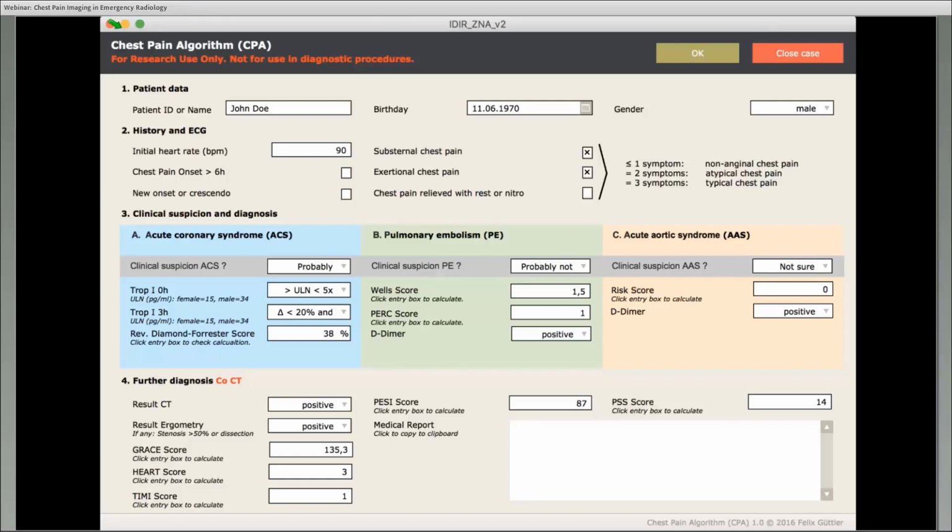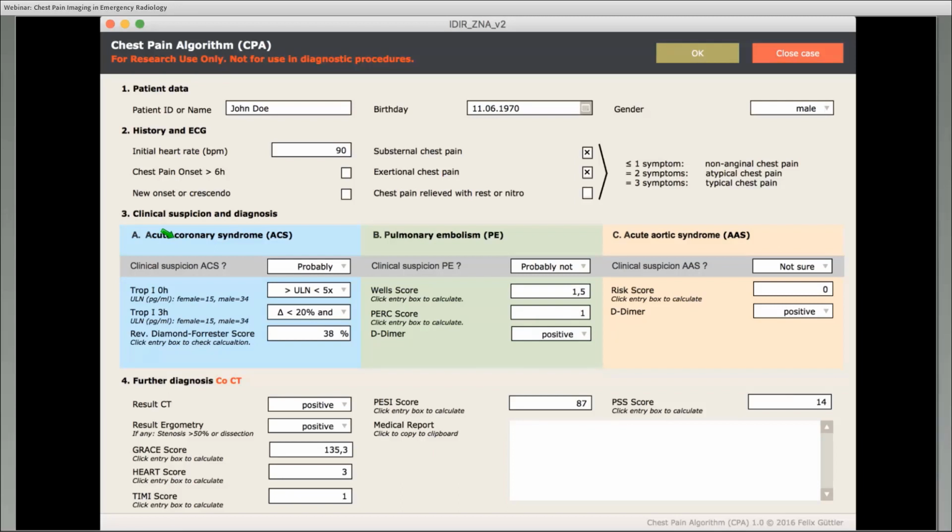On the one hand, for acute coronary syndrome, you look at the troponin at admission to the hospital, and if it is in the normal range, you repeat it after 3 hours. If it is then below 20% of the first value you had at admission, you have definitely ruled out acute coronary syndrome by guidelines.